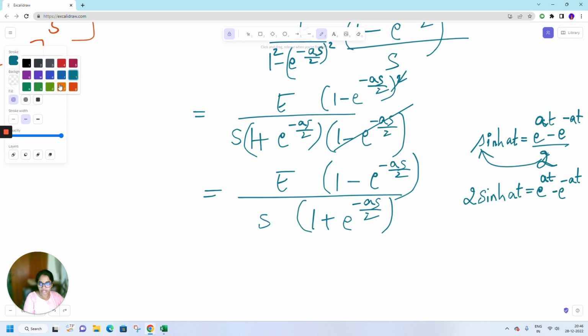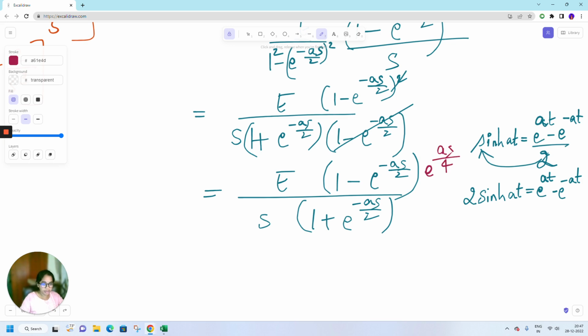So for the numerator, what should I multiply to get this form? I already have the negative term here. I should get a positive term over here. So what I'll do is multiply this with e power s by 4.